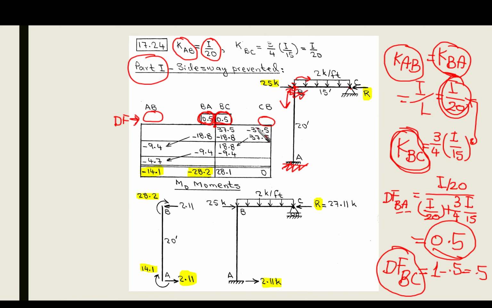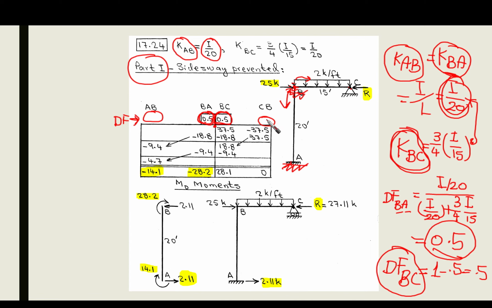So we're going to make only one balancing cycle. We do not need to distribute anything here, since the moment to be distributed is 0.